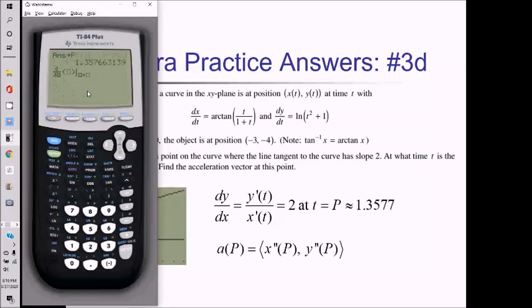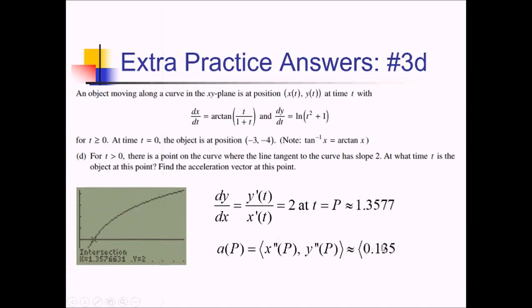We're going to do dx, and I'm going to take the derivative of x prime to get x double prime. So that means I need to do alpha trace y1, because that's where I stored x prime. And for the x value that I'm evaluating this at, I'm going to use this point p. So alpha p, press enter, and we get about 0.135, which I'll put down there.